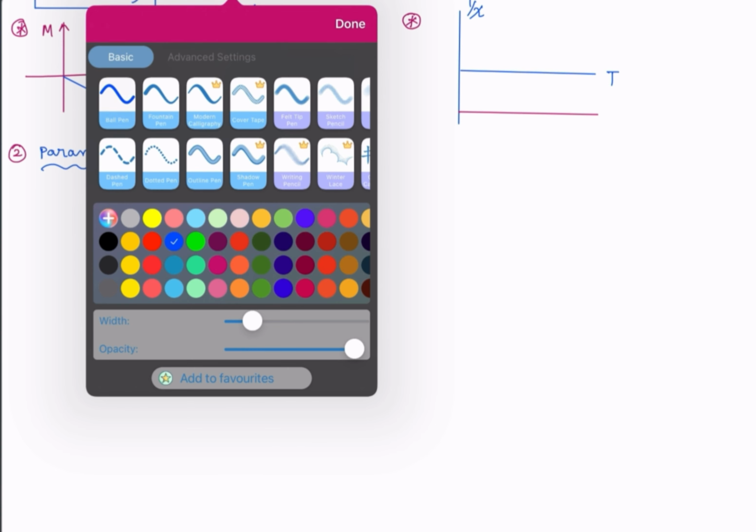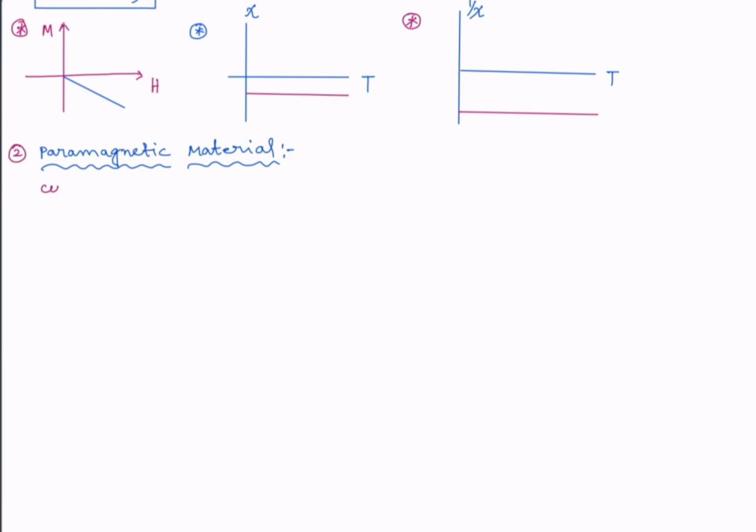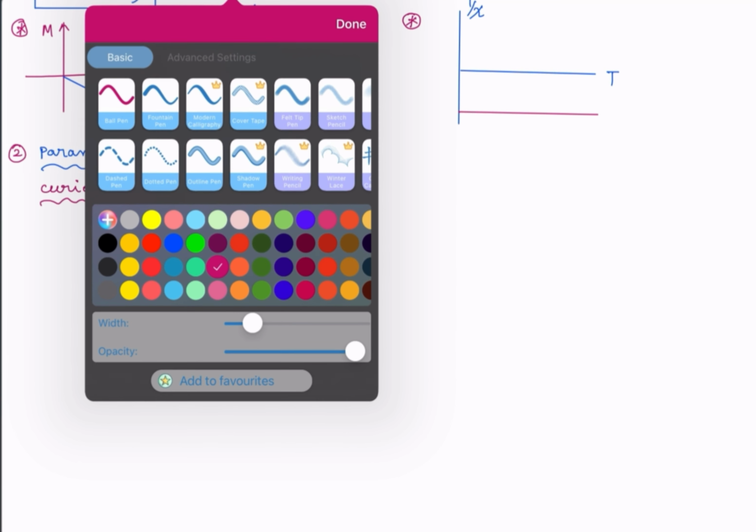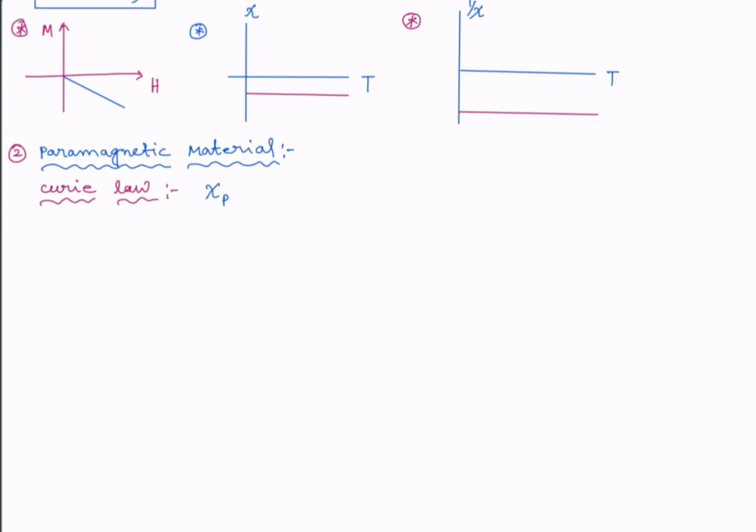Similarly, if we calculate paramagnetic susceptibility using Langevin classical theory, we get the Curie law, written as chi para equals C n mu 0 mu squared by 3 k B T, equals C by T, where mu will be the magnetic moment and C will be the Curie constant.